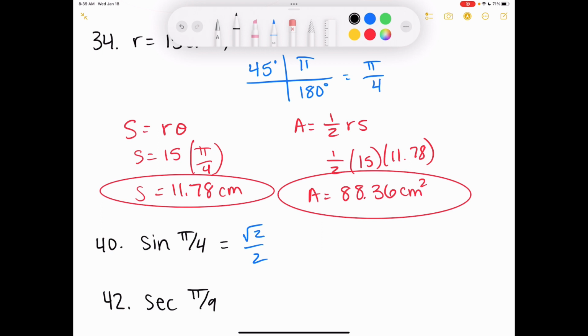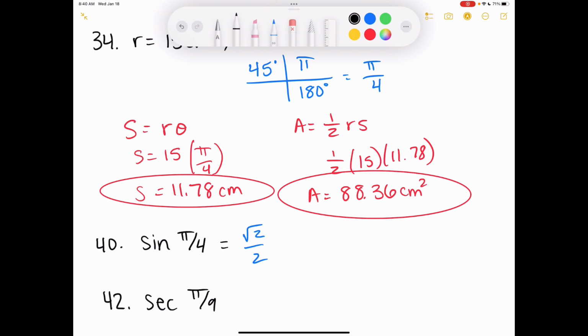So look at your calculators if you have them handy, and tell me if there's a secant button on your calculator. I don't think so. No, that's okay. So if it's not a value that I know, and there's not a secant button on the calculator, what do you think I might need to do?